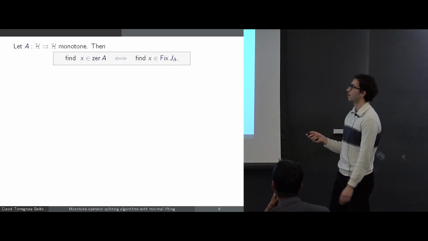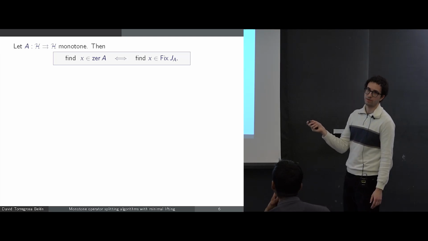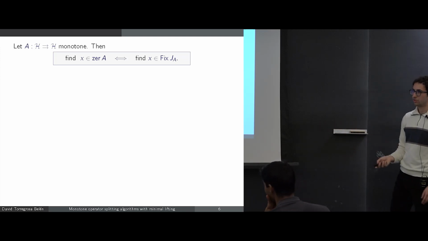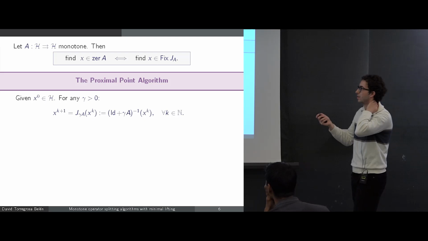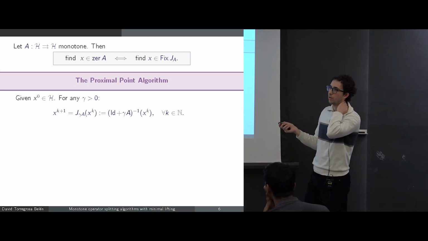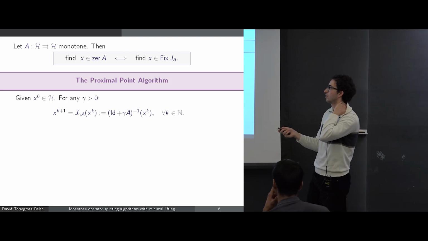Now we had our monotone inclusion problem, and we said that it is equivalent to finding a fixed point of an operator. So if you want to find a fixed point of an operator, what is useful to do is consider a fixed point iteration. And this is one of the most famous algorithms in optimization, the proximal point algorithm, which in order to solve the monotone inclusion considers the fixed point iteration of the resolvent operator.